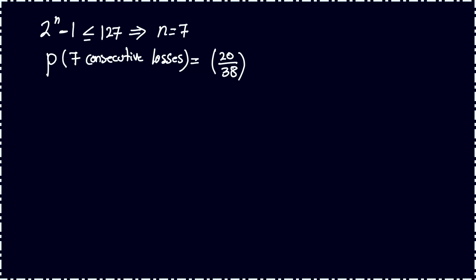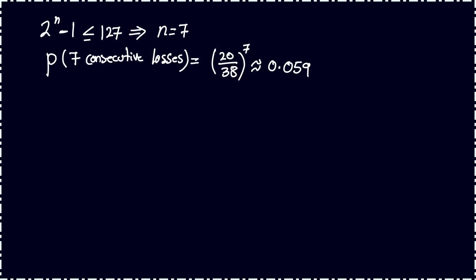We're multiplying because the outcome on each trial is independent of the outcome on the previous trials. And that would give you 20 out of 38 to the power of 7, which turns out to be approximately 0.059 or 5.9%.